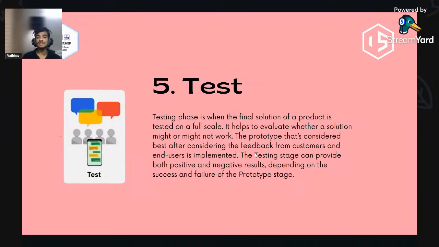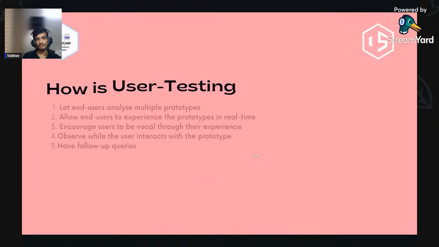The testing stage can provide both positive and negative results depending on the success and failure of the prototype stage. If you have made the changes for the problems the users faced in the previous stage, then there should not be any problem in the testing stage. That is what it is.